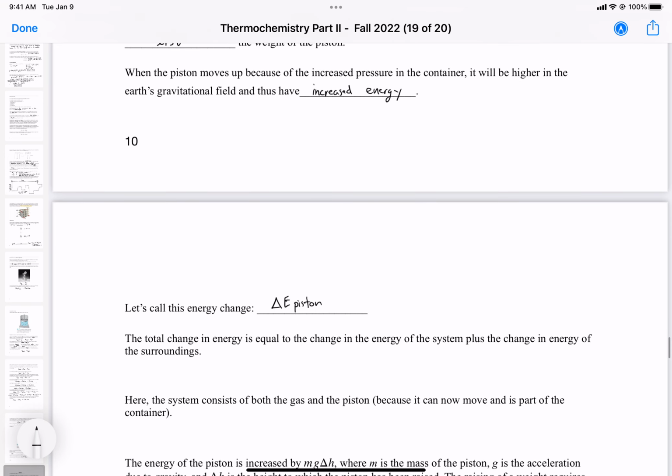So the total change in energy in this case is going to be equal to the change of energy of the system plus the change in energy of the surroundings, right? So in this case, we could write our generic equation as delta E total equals delta E gas plus delta E surroundings.